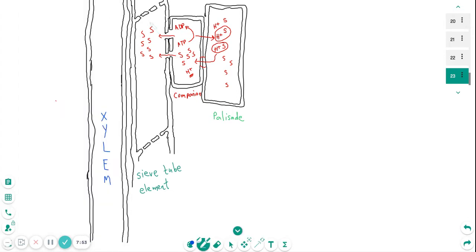You're going to have a low water potential in the sieve tube elements and a higher water potential in the xylem. And if that occurs, osmosis is going to happen. So water is going to begin to leave the xylem through the bordered pits and enter the sieve tube element.